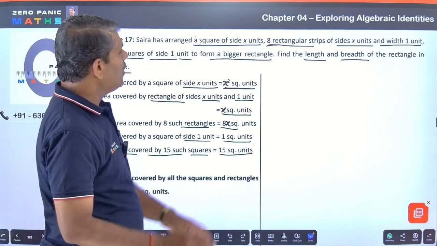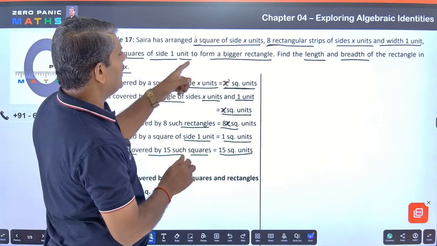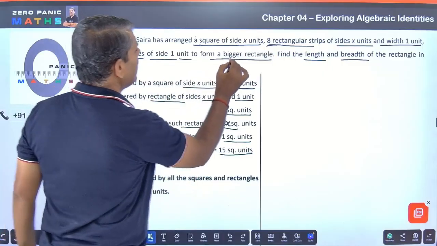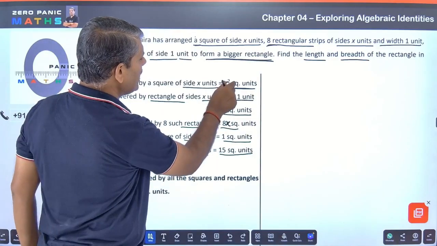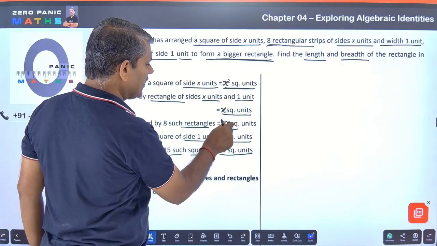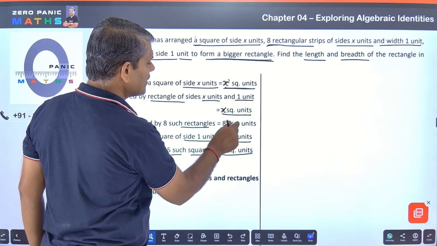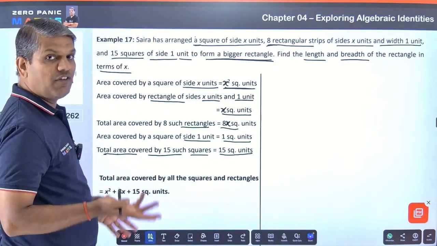Now we have to combine all these, because they told that combining all, she formed a bigger rectangle. So we combine a square of x square units, 8 rectangles of 8x square units, and 15 squares of 15 square units.